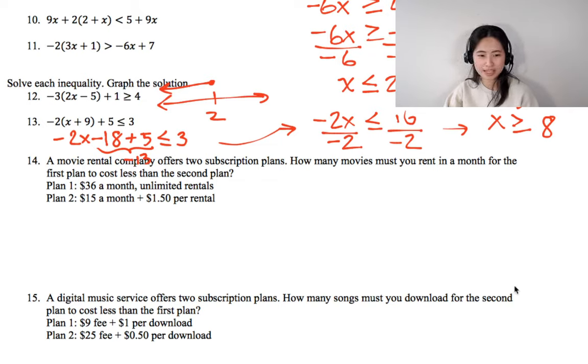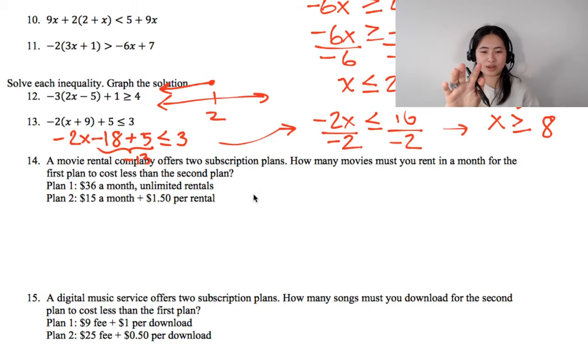Cool. Okay, so let's get into the first two questions for inequalities. We have a movie rental company offering 2 subscription plans, and we have to figure out how many movies you must rent in a month for the first plan to cost less than the second plan.